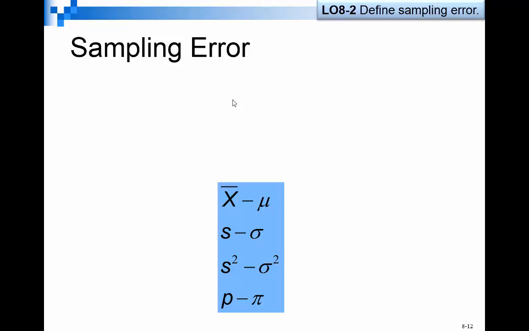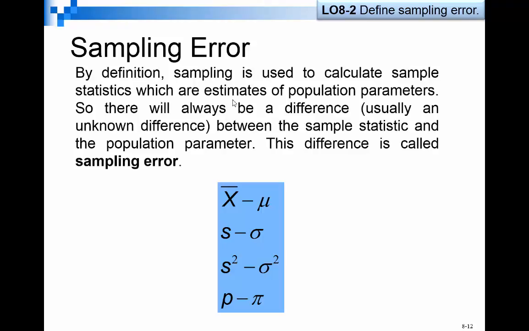So we first discuss our appreciation for sampling error. Sampling error refers to the difference, usually an unknown difference, between the sample statistic and the population parameter.